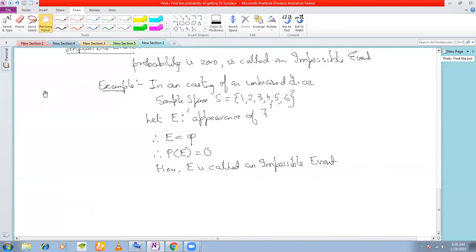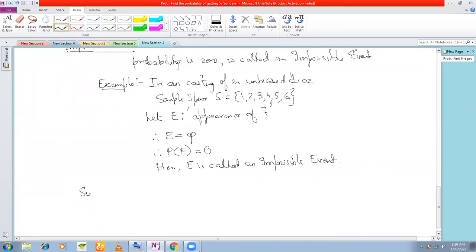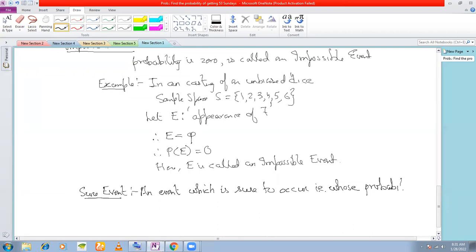Next, the last definition is that of a sure event. An event that is sure to occur, that is, whose probability is 1, meaning 100% it will definitely occur, is called a sure event.